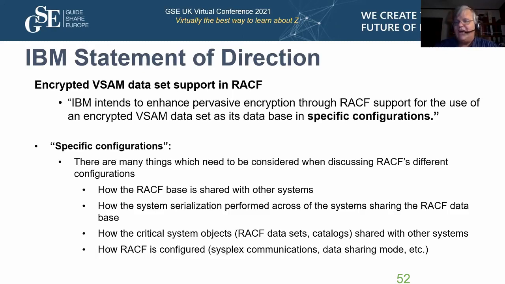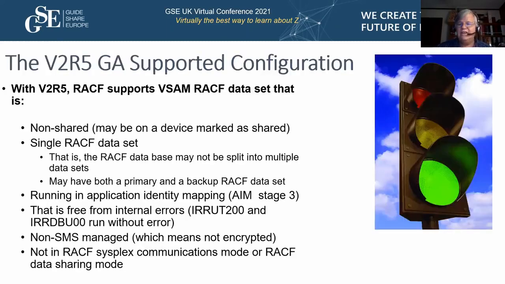It's also a matter of understanding how you share other critical resources, in particular your ICSF data set and the master keys associated with the various LPARs that are sharing that ICSF data set. So all of those come into play in the phrase specific configurations. So brass tacks, what are we supporting in z/OS V2R5?